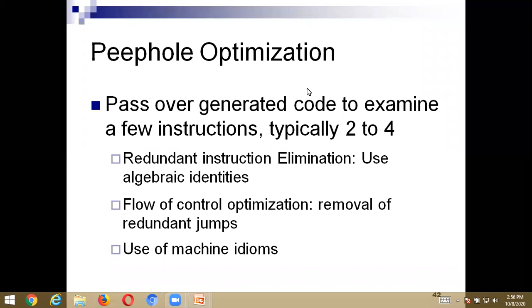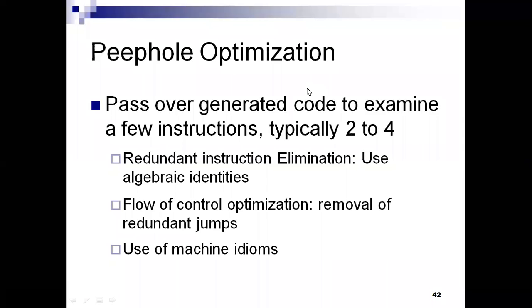To get efficient target code from inefficient target code, we apply transformations like peephole optimization. To optimize such code, we need to apply certain transformations. In peephole optimization, we apply the transformations at the target code.